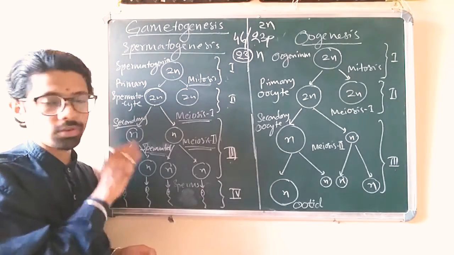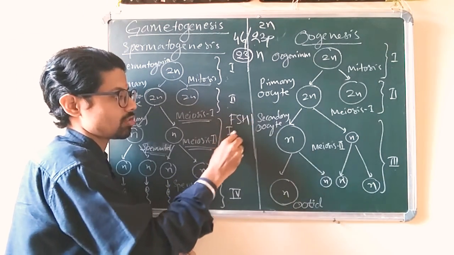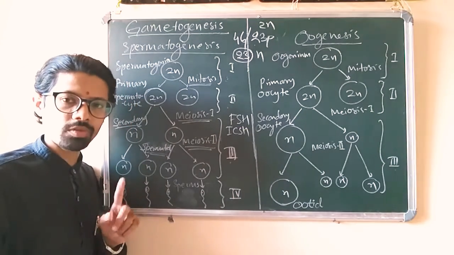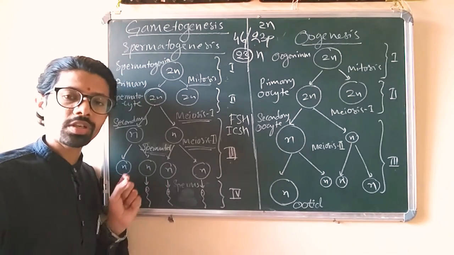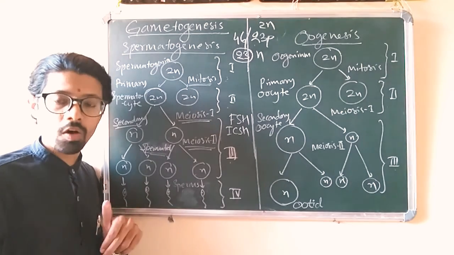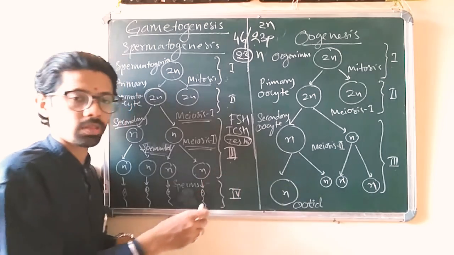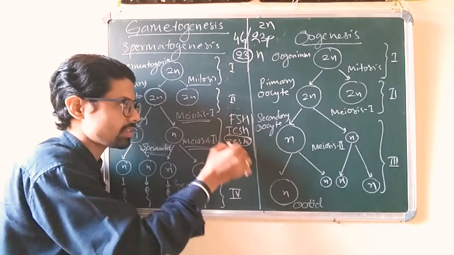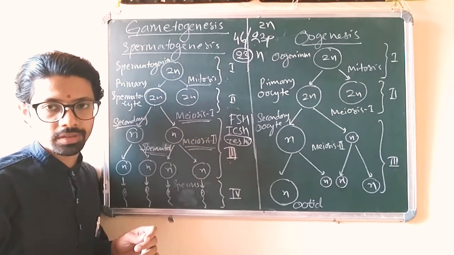Clear? Now which hormones are responsible for it? The hormones from pituitary are FSH and ICSH. FSH is follicle stimulating hormone released from pituitary, and ICSH stands for interstitial cell stimulating hormone, which stimulates the Leydig cells to produce the male hormone, that is testosterone. Again, testosterone is also responsible for the process of spermatogenesis. So combinedly these 3 hormones regulate the process of spermatogenesis.